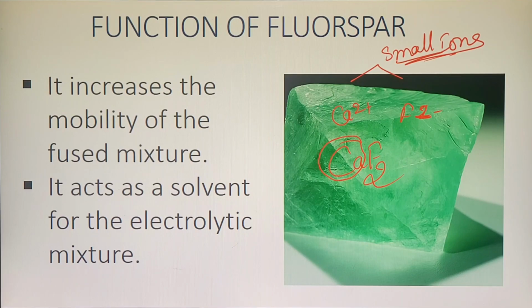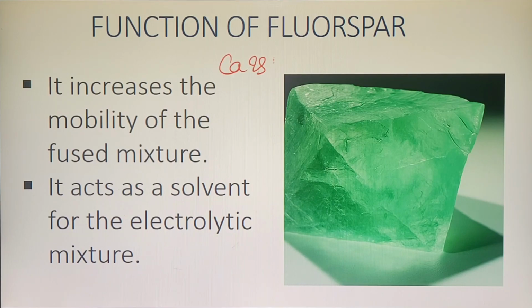So smaller the size of the ion, can I say more will be the conductivity. Or more easily it will be able to move. So I can say more will be the mobility. Clear? So the speciality with calcium fluoride is calcium and fluoride ions are small ions, and smaller the ion, more will be the mobility.